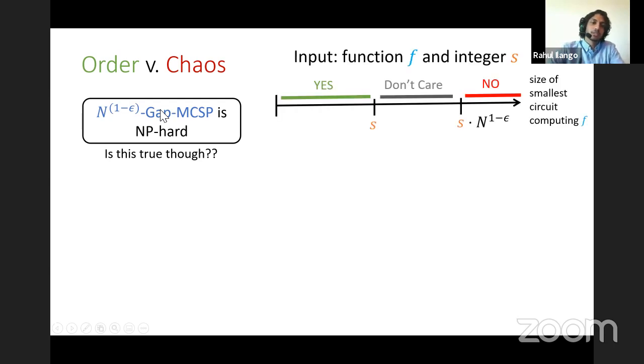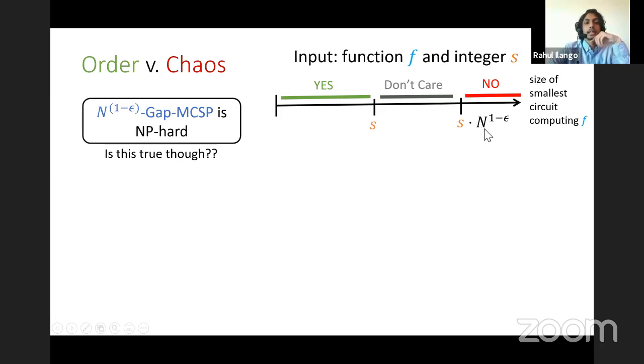So just to review what this problem is, you get this function f, you get this integer s, and now you can look at the complexity of the small circuit computing f, and you have to decide whether or not it's less than s or whether it's greater than s times this factor. And this factor here is really large, n to the 1 minus epsilon.